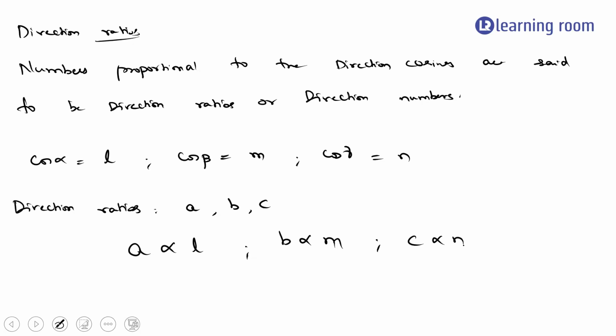If we remove the proportionality symbol, we can introduce a constant k. So a can be written as kl, b can be written as km, and c can be written as kn. So this point is clear to everyone, right? This is the first point that we need to understand, so we can't proceed with any other topic without it. Clear, right? No doubt.